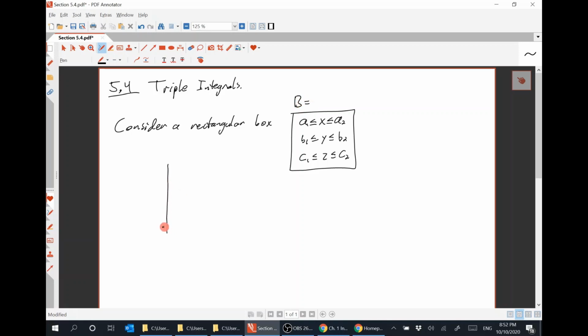And how does it look in three-dimensional space? Well, here's A1 and A2 on the x-axis. Let's extend it into the xy plane as such. And then B1, B2 on the y-axis, and let's extend those into the xy plane.